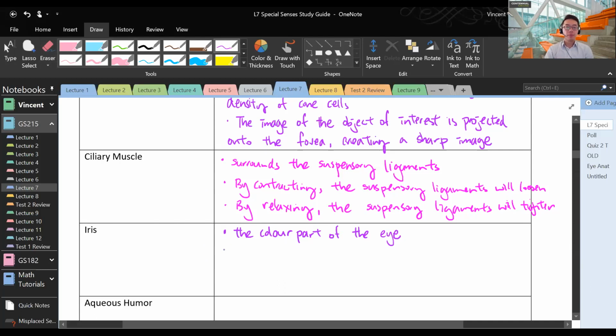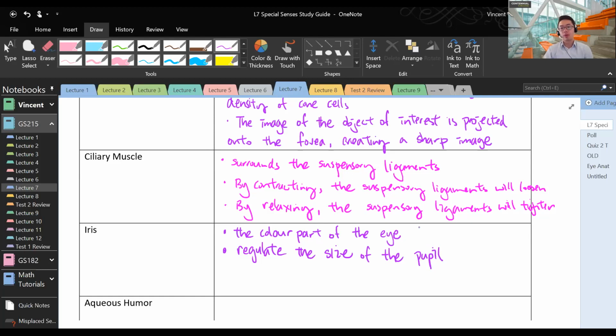But it does more than just give your eyes color. The iris actually helps regulate the size of the pupil. The pupil is the hole in the middle of the eye that lets the light go in.